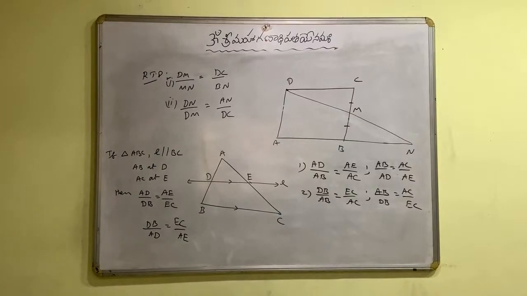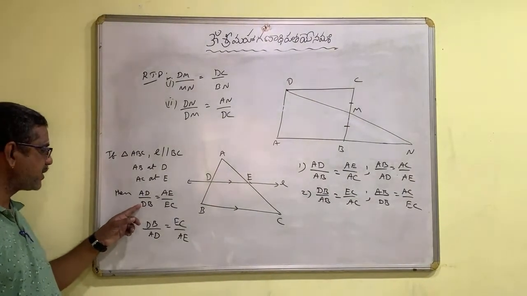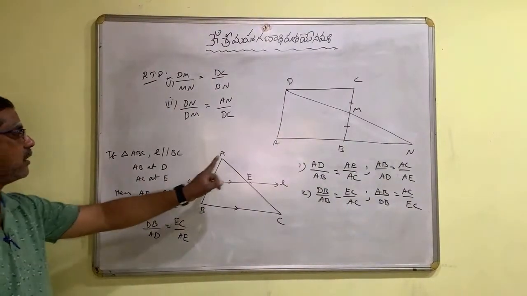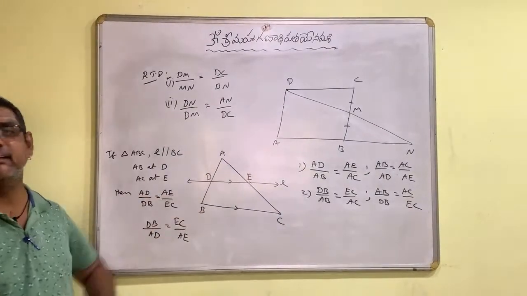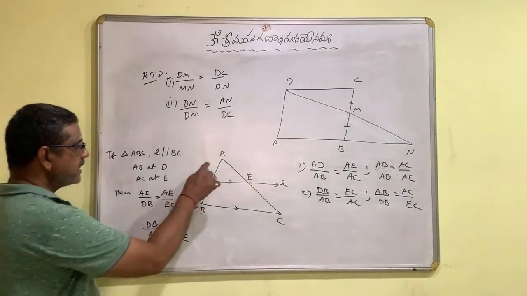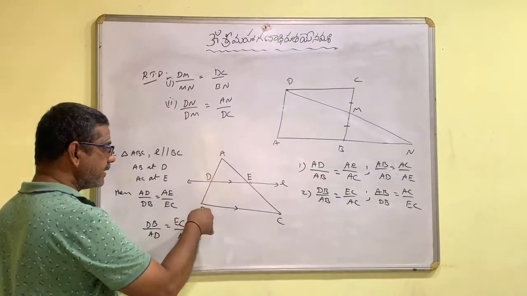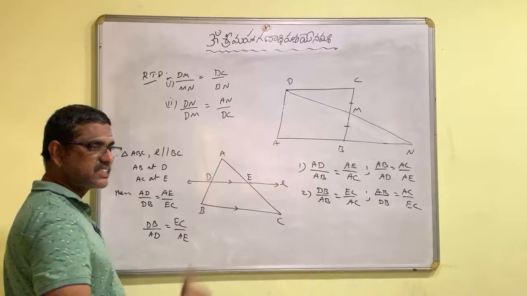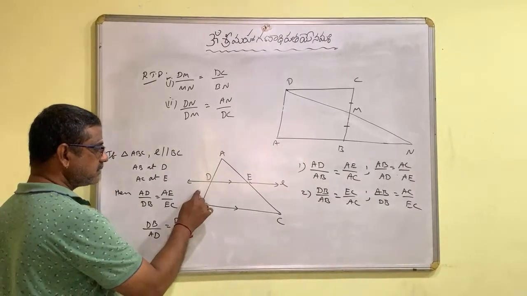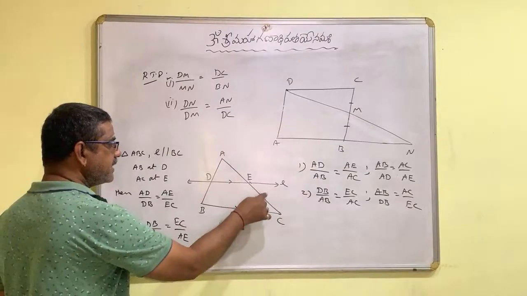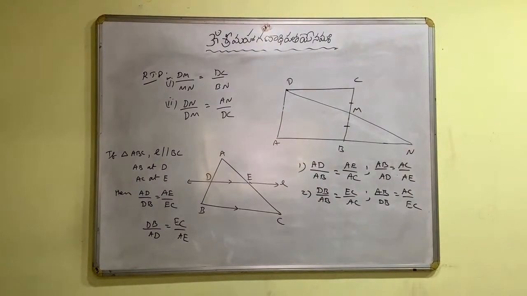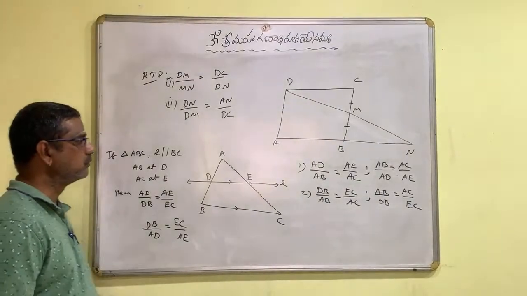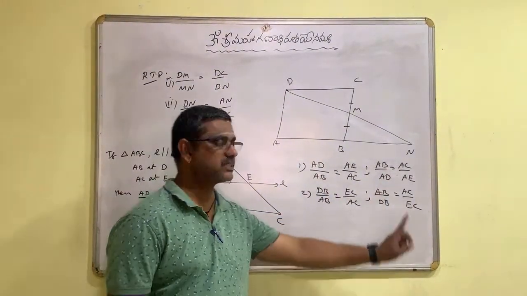The basic ratio AD by DB equal to AE by EC, and its inverse DB by AD equal to EC by AE. That is also equal. Now, this part by total, AD by AB equal to AE by AC and its inverse ratio. The other part, DB by AB equal to EC by AC and its inverse ratio. All these you have to keep in mind. Total how many ratios? 1, 2, 3, 4, 5, 6.